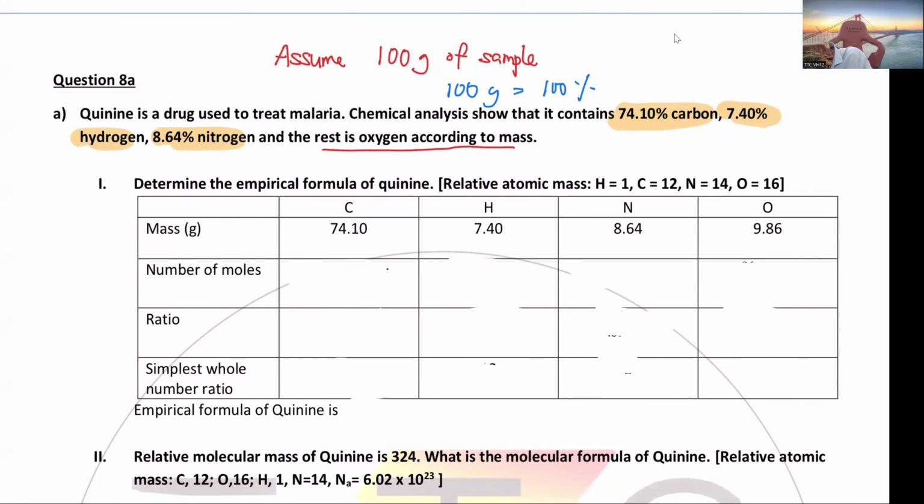You take 100 minus 74.10 minus 7.4 and minus 8.64. Then start to divide by the mass.